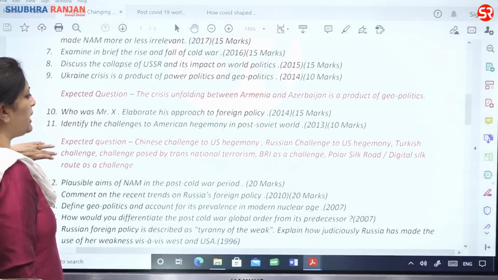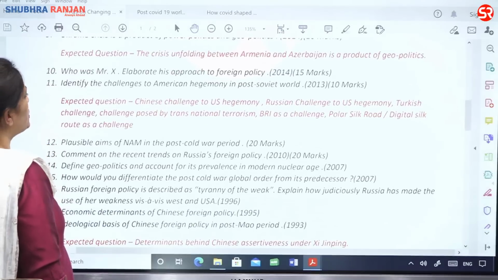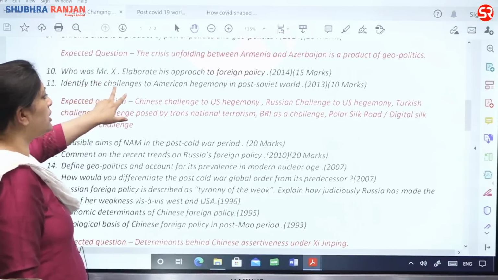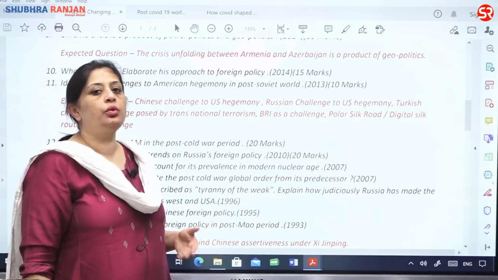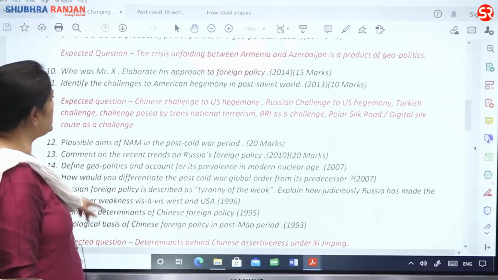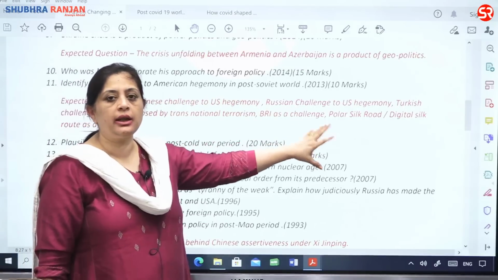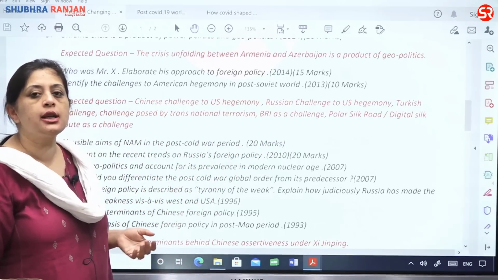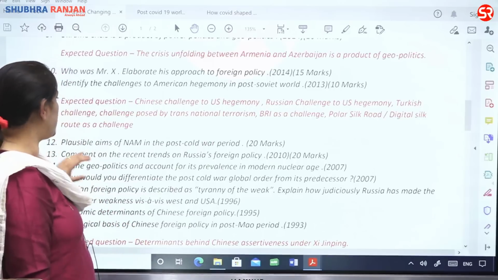Who was Mr. X? Elaborate his approach to foreign policy. So in the class notes you will find George Kennan, who gave the containment policy. Identify the challenges to American hegemony. I think this particular question can cover almost all areas related to US hegemony.